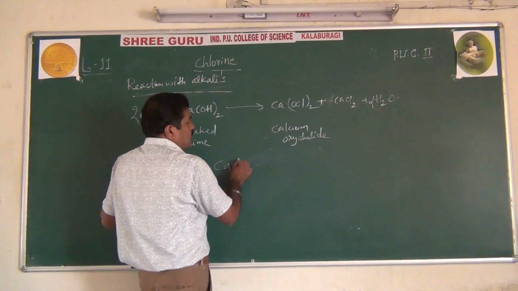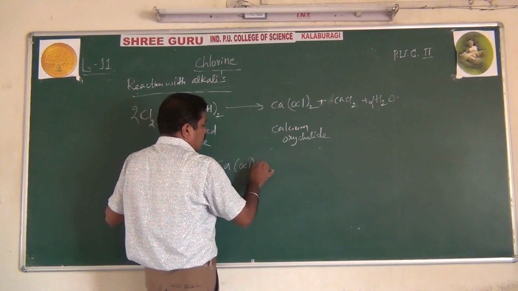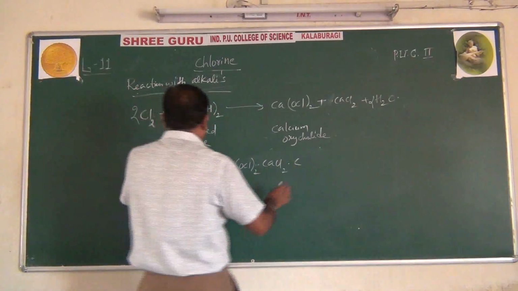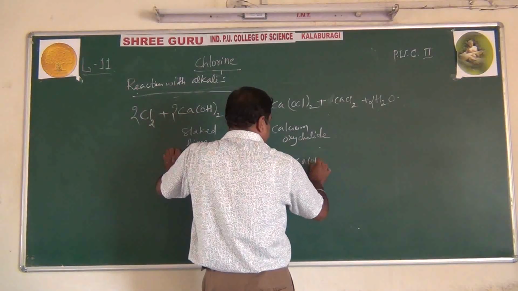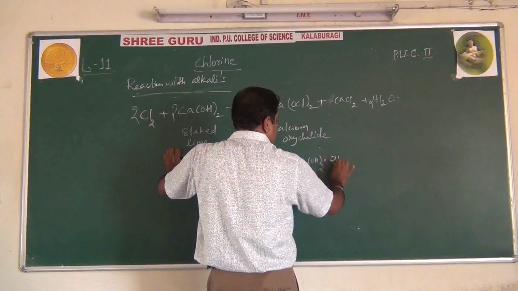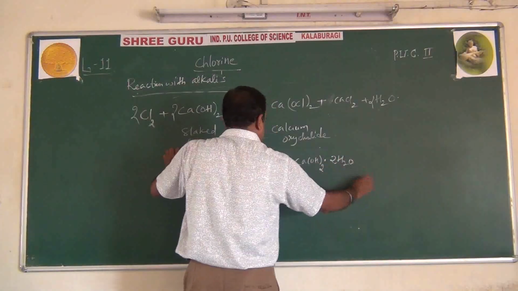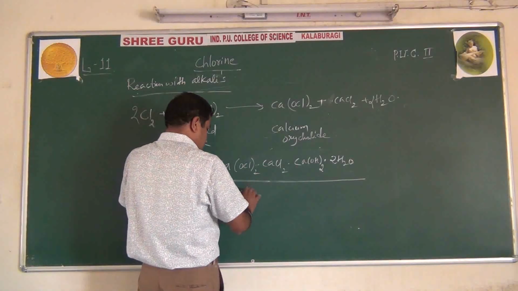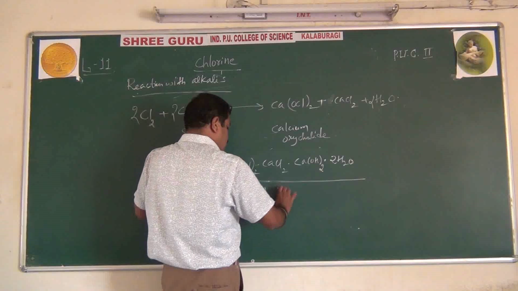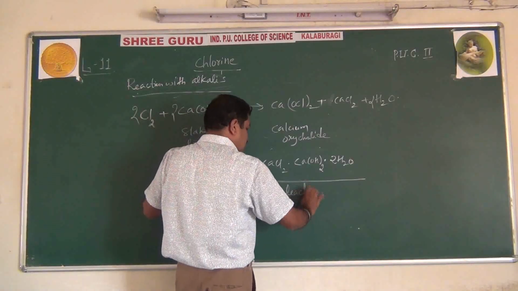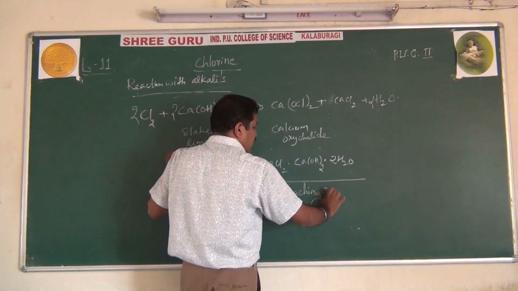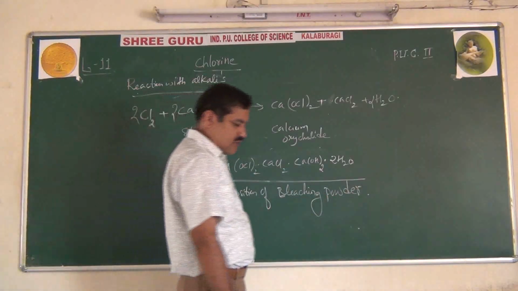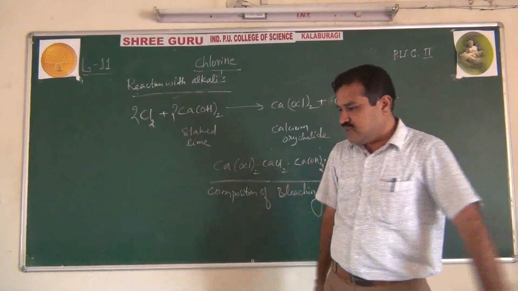But the composition of bleaching powder is CaOCl2, CaCl2, Ca(OH)2 taken twice, dot 2H2O. Actually, the short form of the chemical name, calcium oxychloride, is bleaching powder.